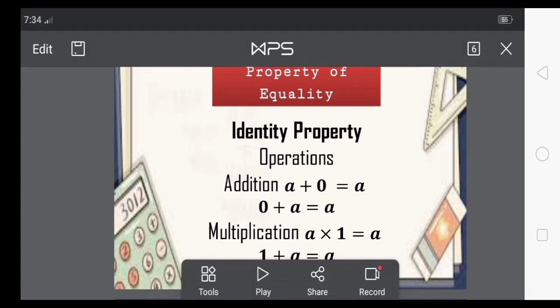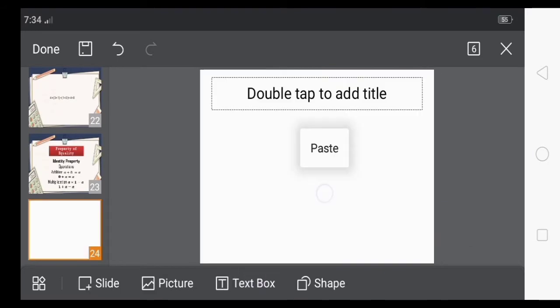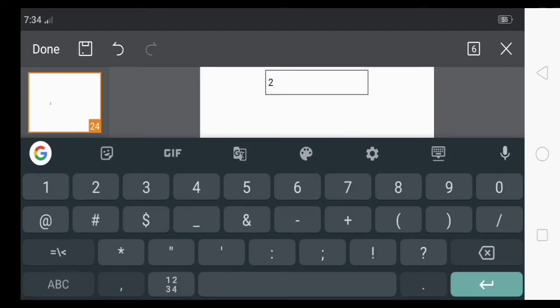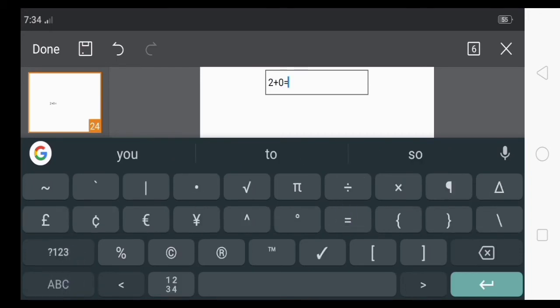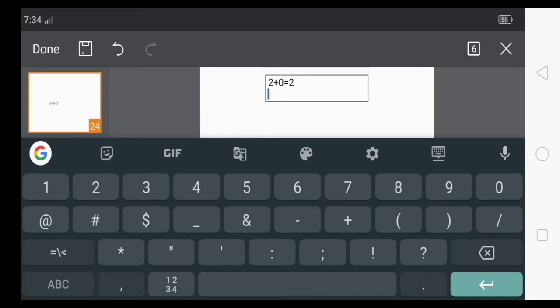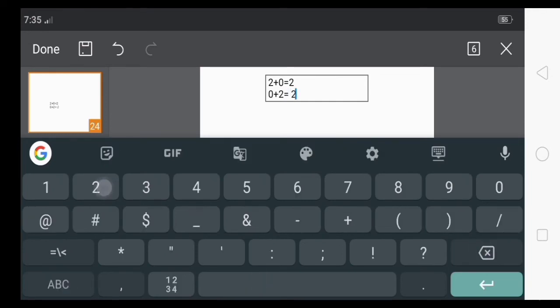Just like this one, I will give you an example. 2 plus 0 equals 2, and 0 plus 2 equals 2.